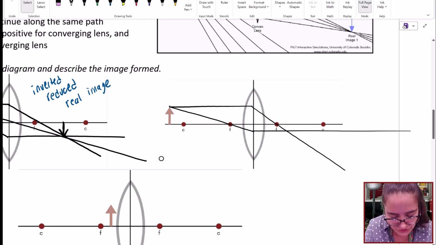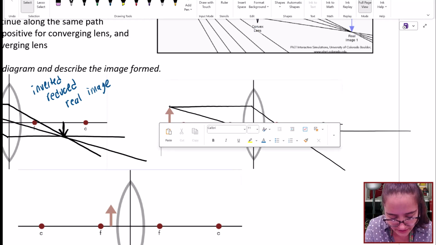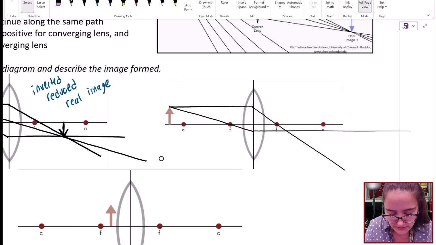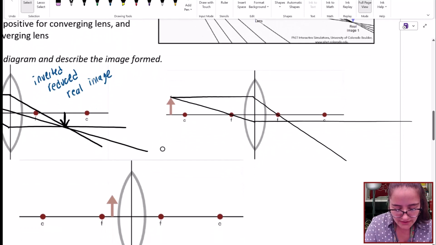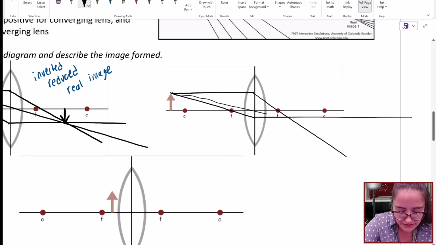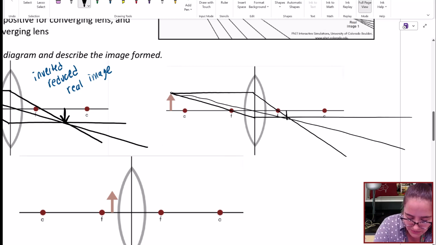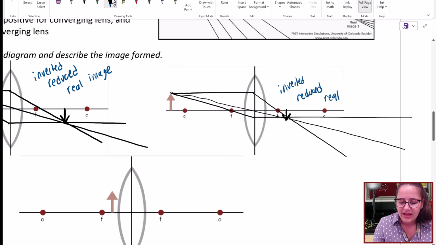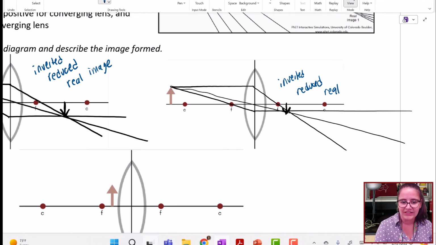And then we can always draw an optional third ray going through the vertex. So we have an image about right there. Okay. And it is still inverted, reduced, and real. And let's see if it should actually be a little in front of the focal point, or as that object gets farther away, does it approach the focal point? Let's check it with the simulation.